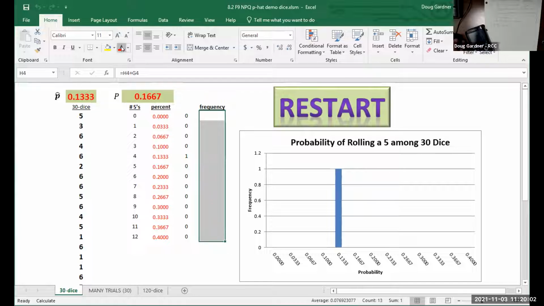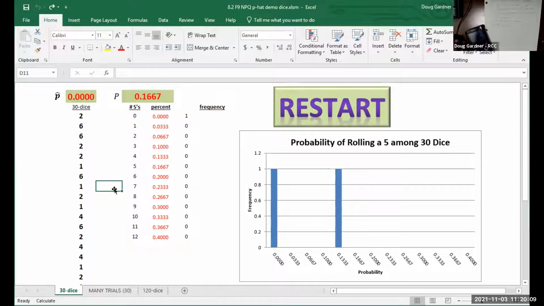Maybe I will show you that really quick. So notice what happened on the second roll. Something really surprising just happened on the second roll. Do you see what just happened? I rolled 30 dice.